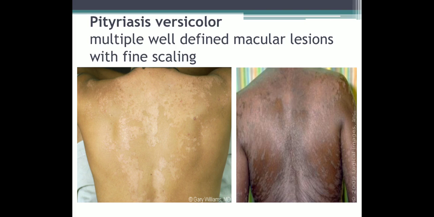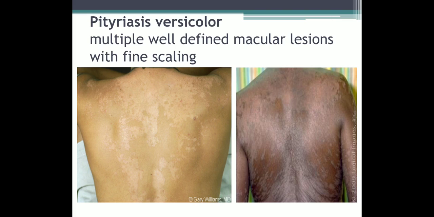There is no racial or gender predilection for development of pityriasis versicolor. Even though it is rarely seen in childhood, the majority of patients usually fall under the 20 to 45 years age group. Humidity and increased sweating are known to be the predisposing factors.